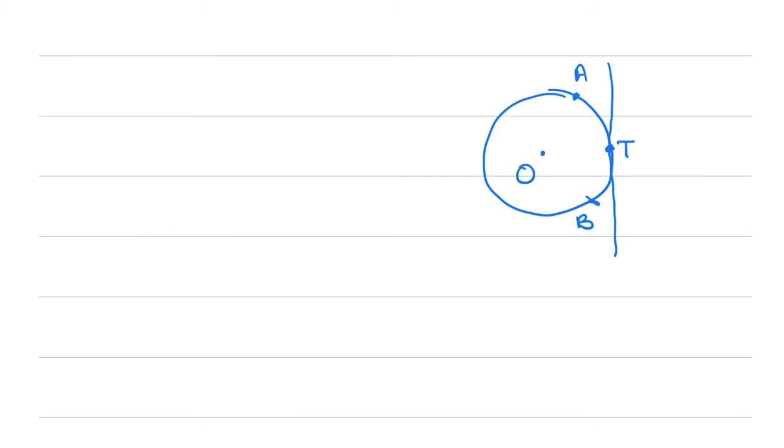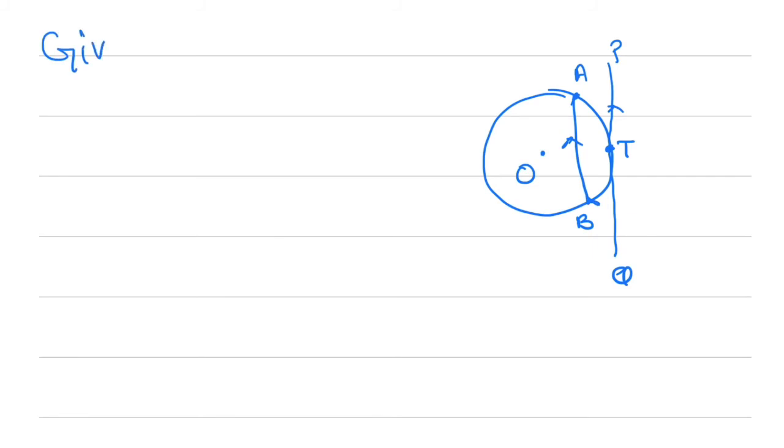So let this be T, this be P, and this be Q. Tangent drawn at the midpoint of an arc of the circle is parallel to the chord joining the end points of the arc. So we have to prove this is parallel to this.